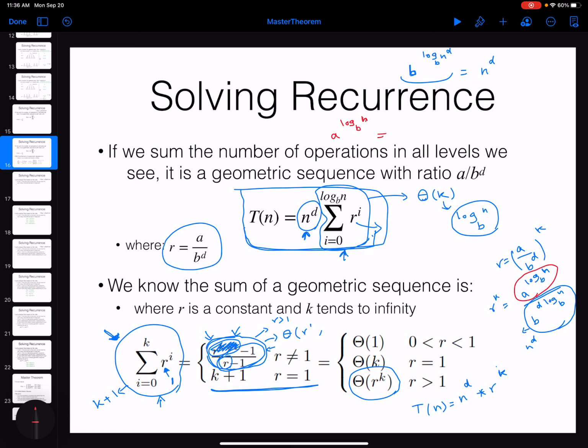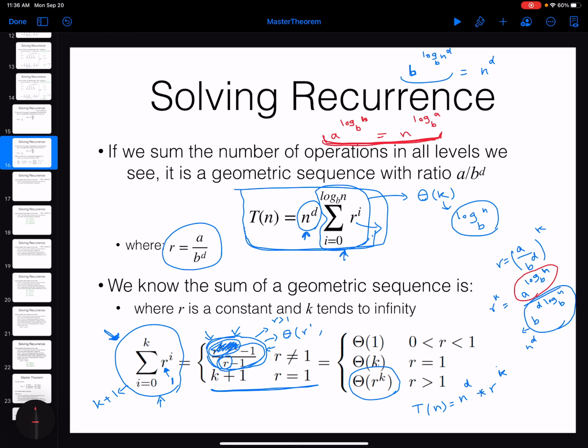I can simplify it and write it as n to the power of log of a in base b. If you don't know this formula, this is coming from discrete math, so you can go back and review discrete math. I can simplify this formula and convert it to this.